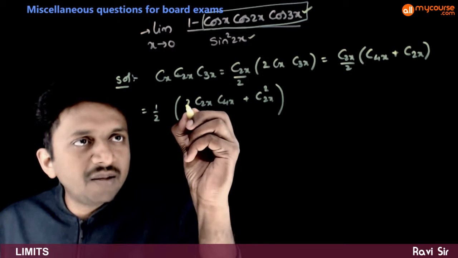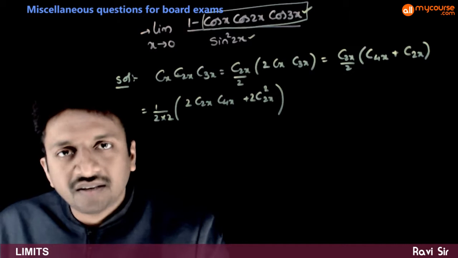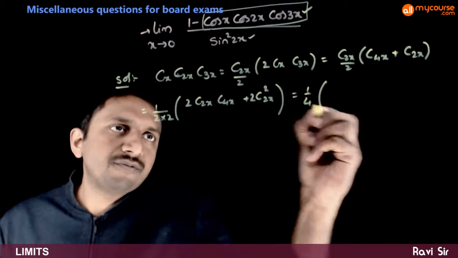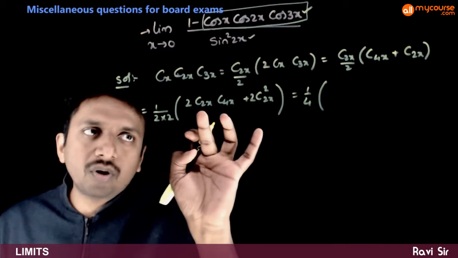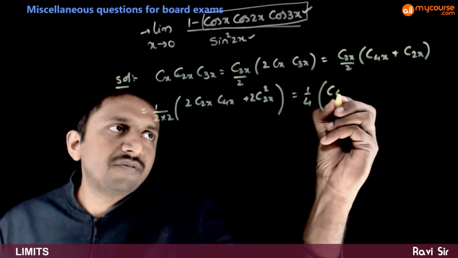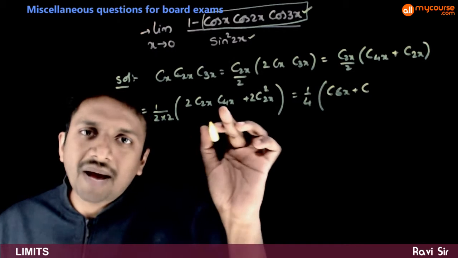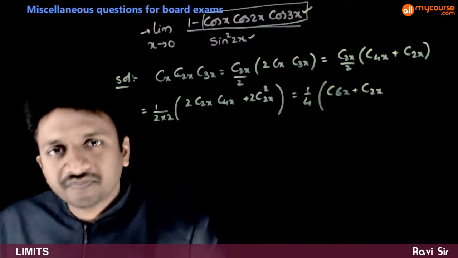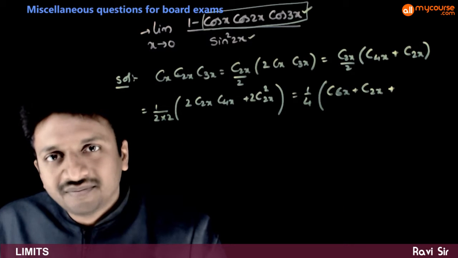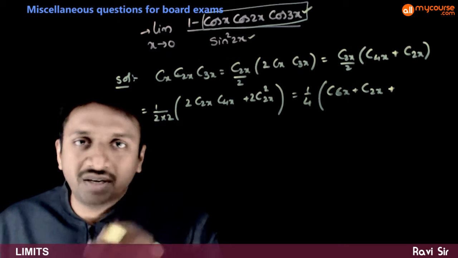Again, I'll multiply it with 2 and divide the whole expression by 2. That is equal to 1/4 of, again you have something like 2 cos a cos b. So 2 cos a cos b is cos of a plus b, which is cos 6x, plus cos of a minus b, which is cos 2x, plus this is 2 cos square theta. 2 cos square theta is nothing but 1 plus cos 2 theta.